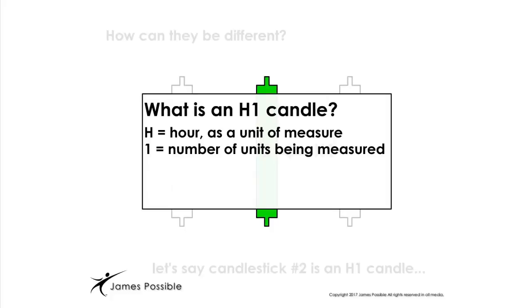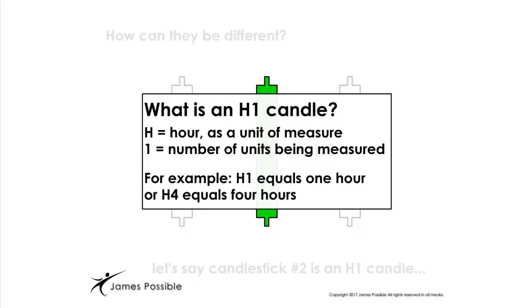So if this had been H2, it would have been a 2-hour candle, H3, 3-hour candle, H4, 4-hour candle, and on and on. Keep in mind that candle actually represents everything that's happened in that 1-hour segment of time, or 4-hour segment, depending on what you're looking at.